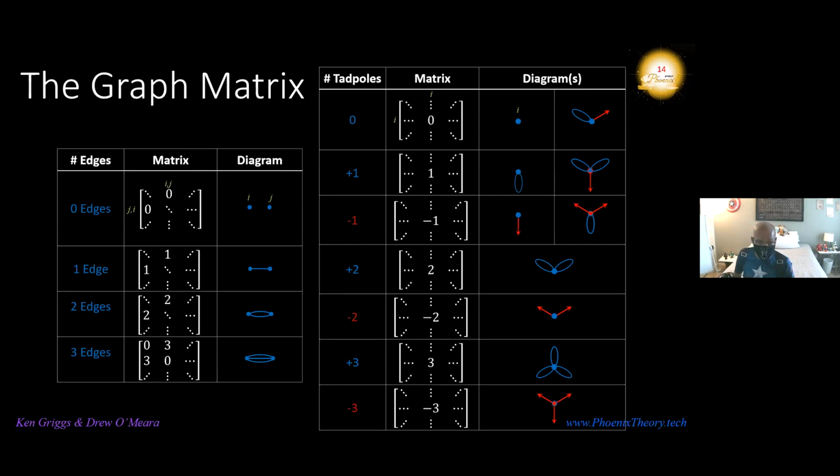So for example, if we're dealing with edges, then if 2 vertices are not connected by an edge, then in the matrix representation, there's a 0, an off-diagonal 0. If there is an edge between 2 vertices, then the off-diagonal element has a 1 if there's a single edge connecting it. If there are 2 edges connecting the vertices, then there's a 2. If there are 3 connecting the vertices, then there's a 3. And because every vertex exactly has 3 things on it, there can at most be 3 edges.